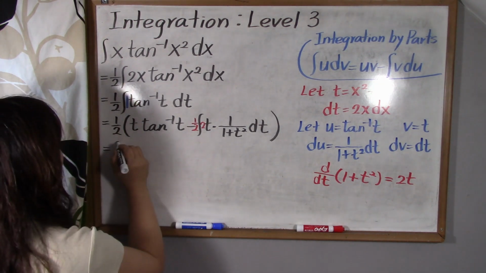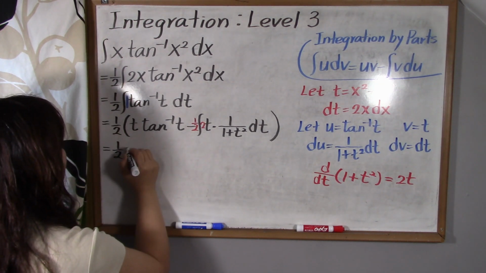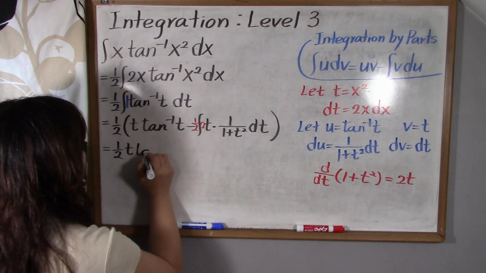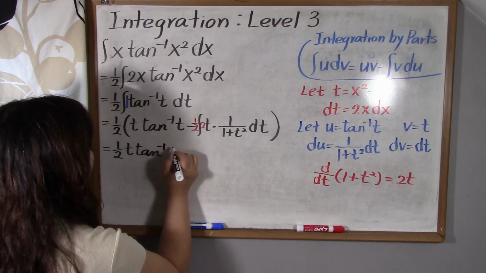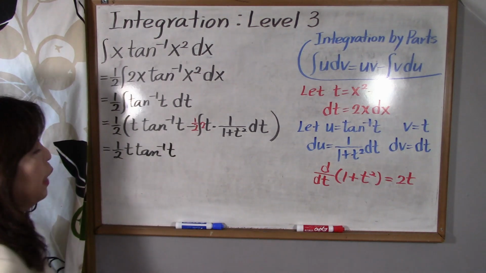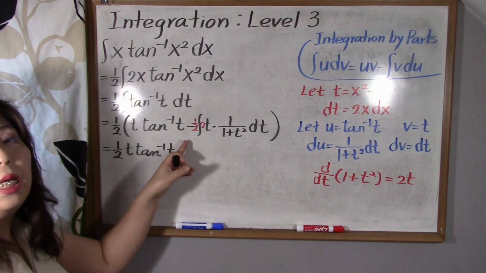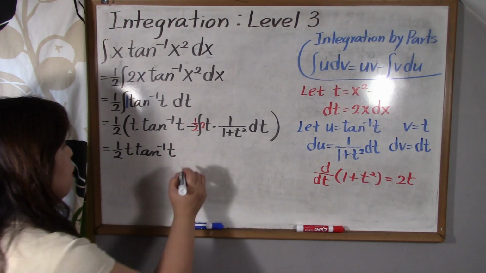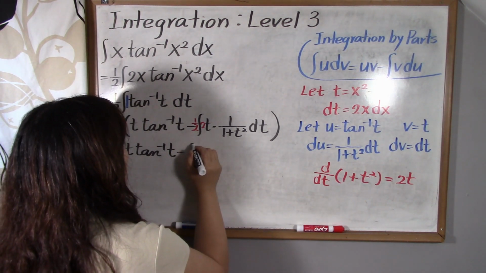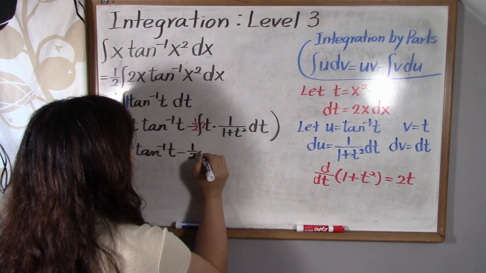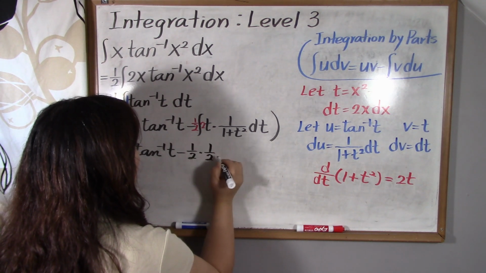So it is equal to 1/2 times t inverse tangent of t. And then next one, 1/2 times negative 1/2. I'm going to write it down over here. Negative 1/2 times 1/2.